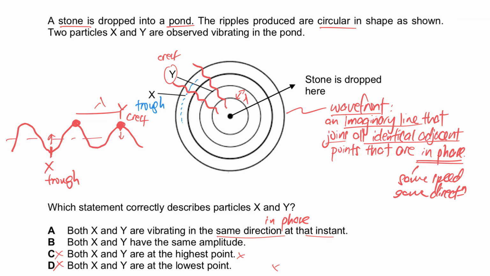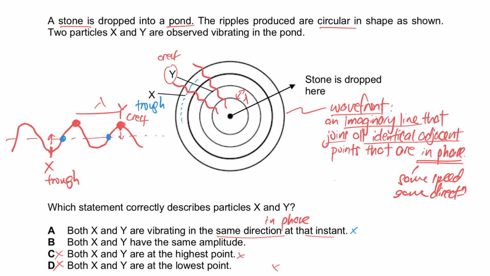And if I have to draw the undisturbed position, what if I have a point that's over here? Another point that's in phase will be one wavelength apart. Now, definitely not here, because these 2 points that you have here are half a wavelength apart and both will be out of phase. All right, take note of that.